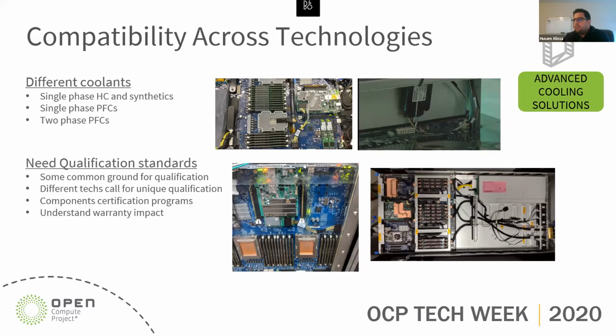I'm going to echo some of the sentiments in the previous talks by Jessica and Rolf. Immersion fluids can be categorized based on thermal properties, that is, their heat transfer mode: single phase, which can have natural or forced convection, or two phase, where we are talking about boiling at a lower temperature.